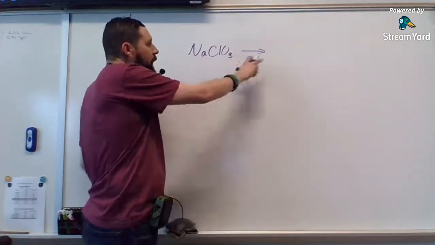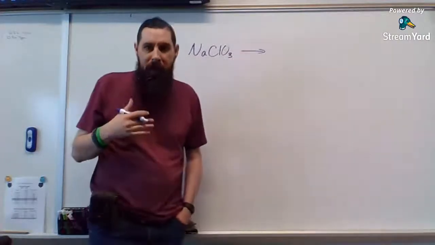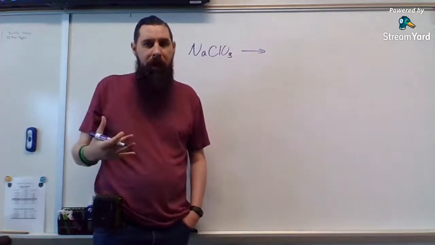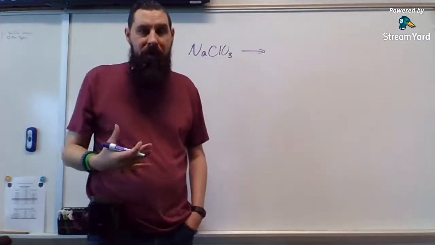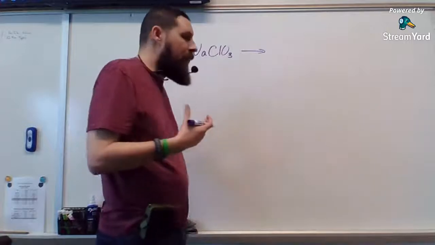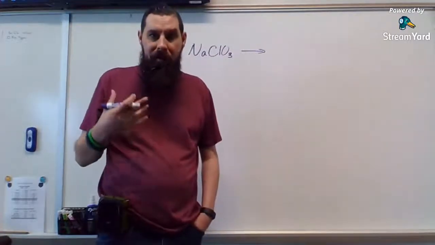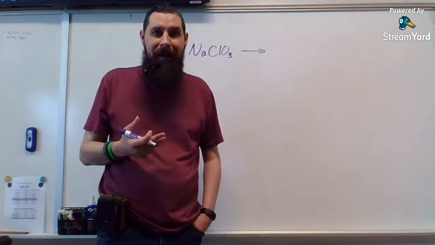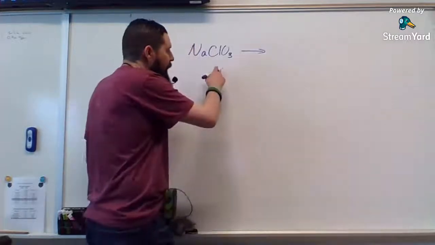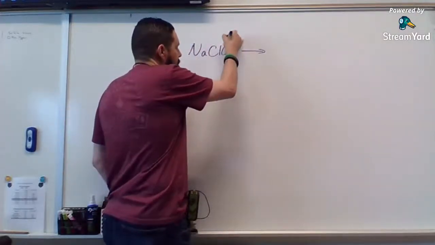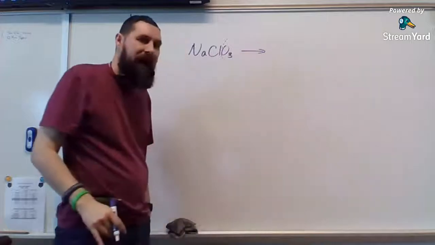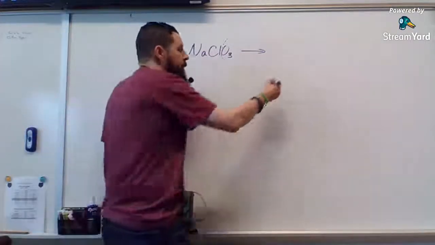And when I produce products, I'm going to get the metal chloride, and then I'm also going to end up getting oxygen as that second component. So the way I see this is I think about breaking that O3 off of there.